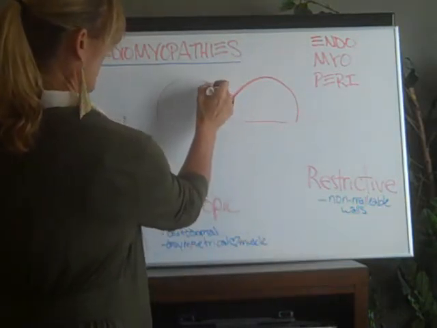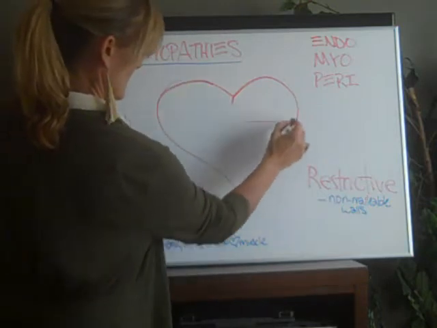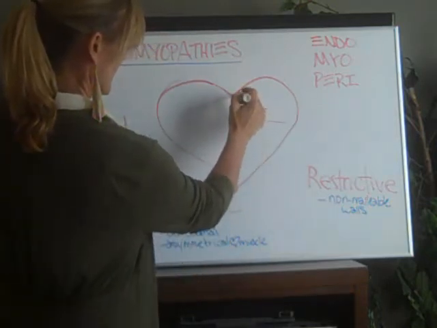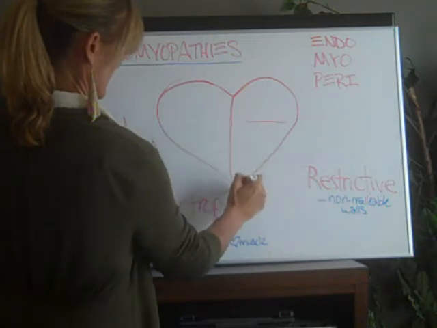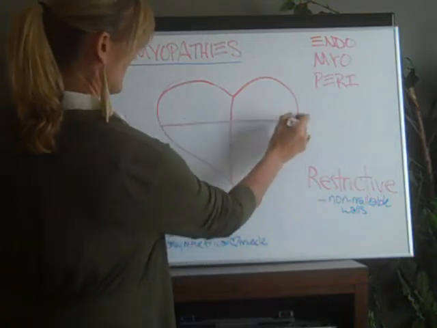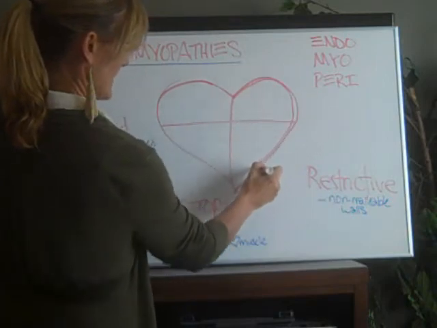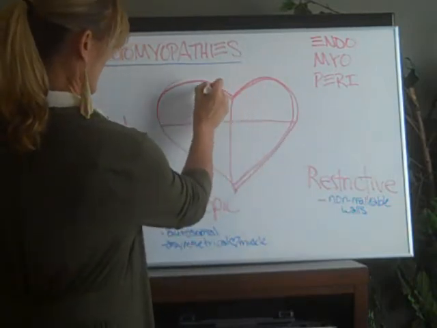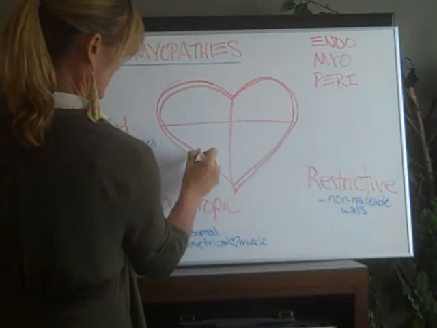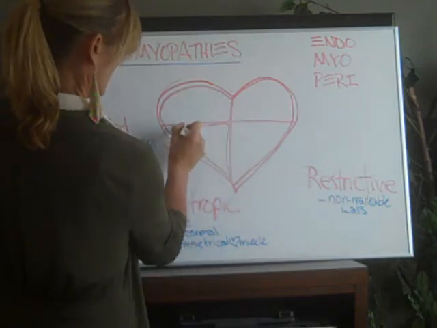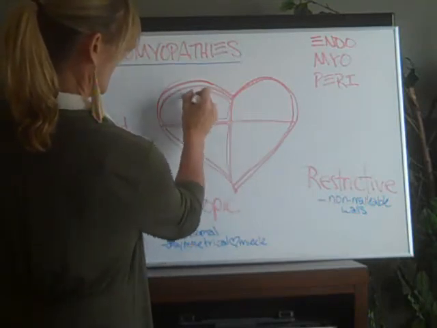Let me put my heart back up here. You have the inside layer, and this is around all inside the heart. This is called the endocardium, the very inside lining of the heart, like this. It's around all of the chambers.